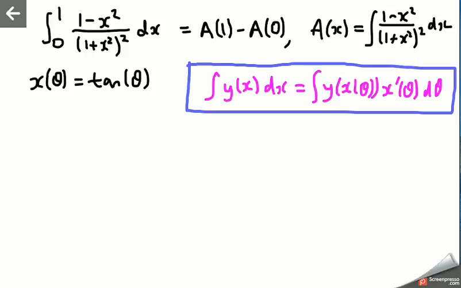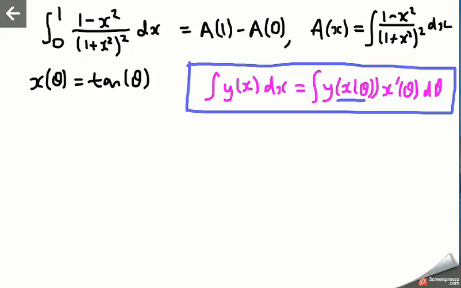Notice we're starting with y of x dx. That's what we're starting with, so we're starting on this side here, and that's the direction we're going to go in. We're going to make the substitution x of theta, so we're going to have y of x of theta on that side, where x of theta is equal to tangent of theta.